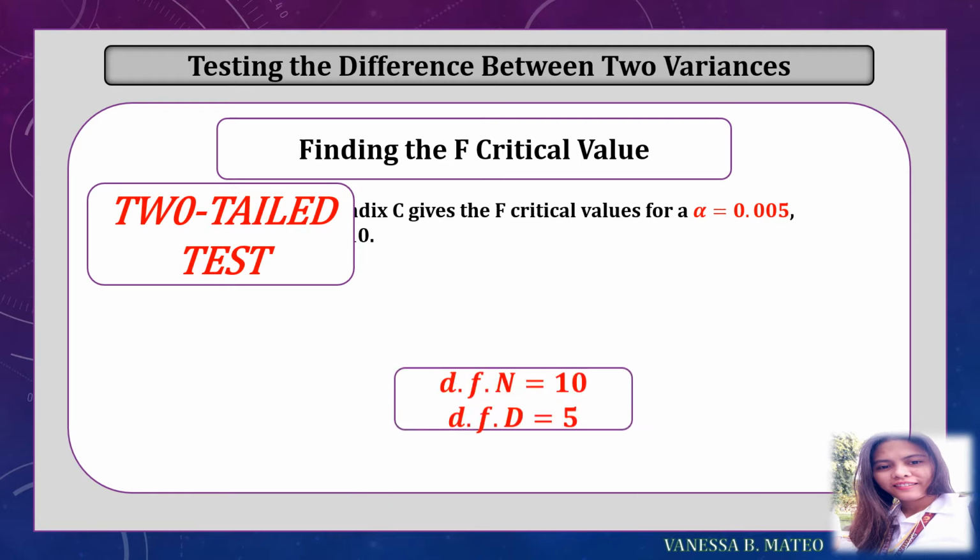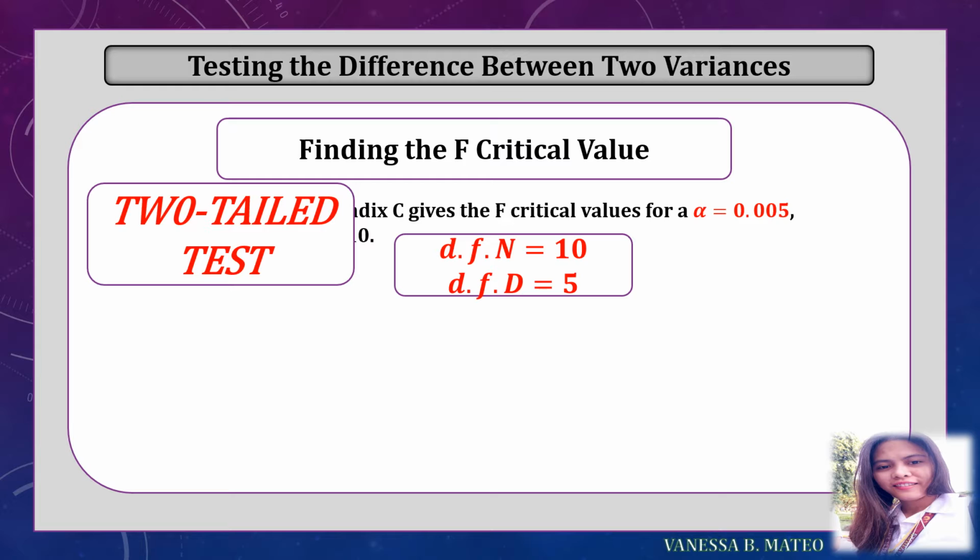For two-tailed tests, let us use the same given with DFN 10 and DFD 5 and an alpha of 0.10. The very first thing we have to do when we are dealing with two-tailed tests is to get alpha over 2, and whatever value we get there will be our basis to get the critical value. So in this case, alpha over 2 is 0.05 since alpha is 0.10.